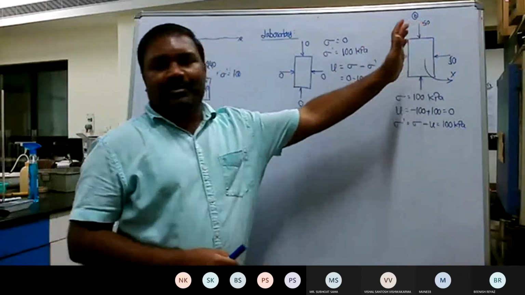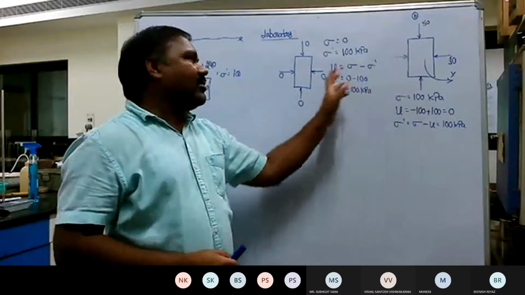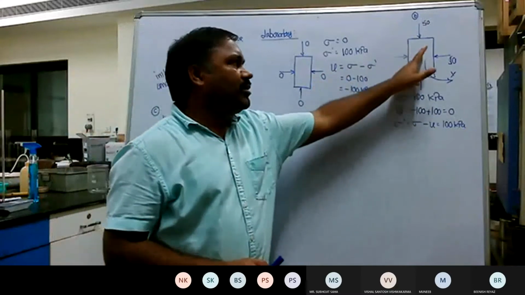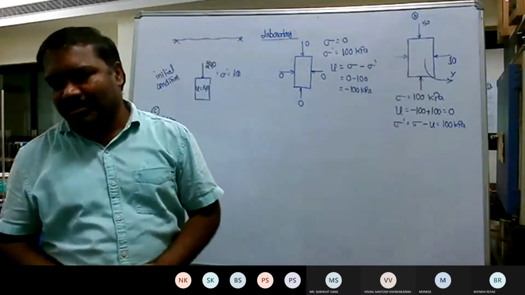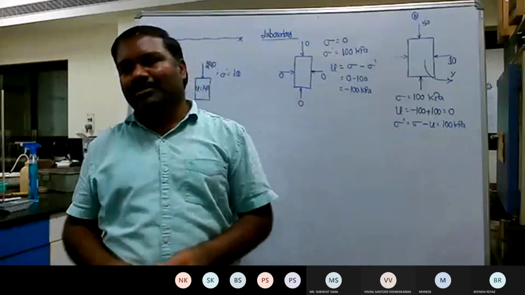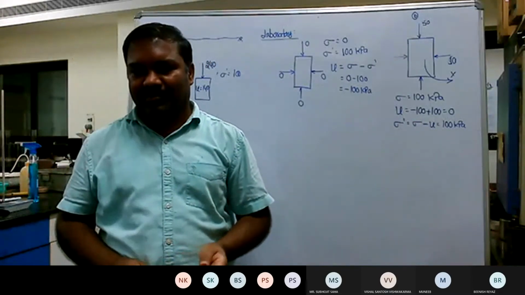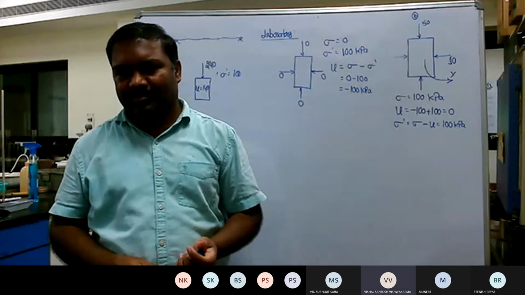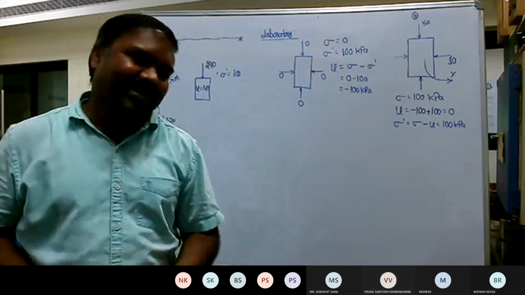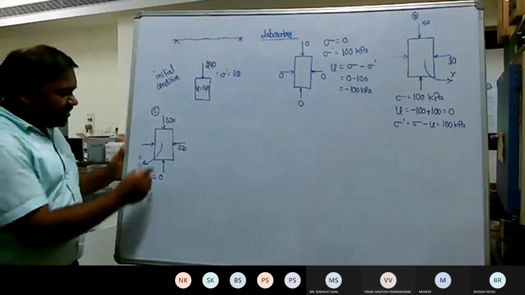And as you keep increasing up to 100, the internal pore pressure becomes equal to the externally applied cell pressure. That is the meaning of u equals 0. Okay, so let us go to the third condition.